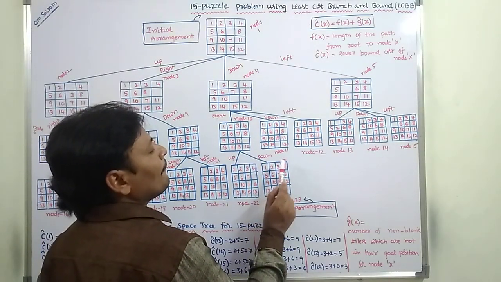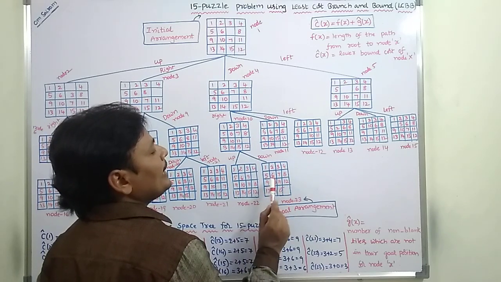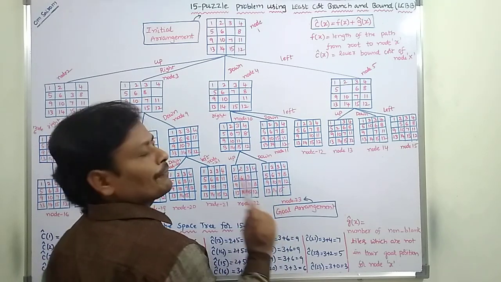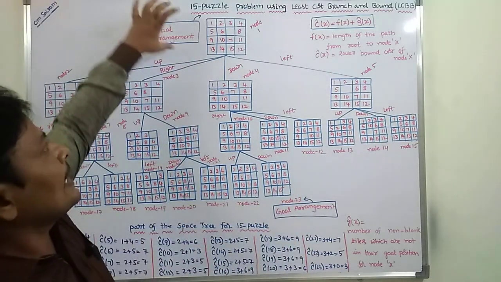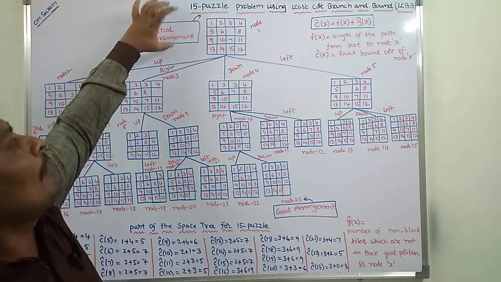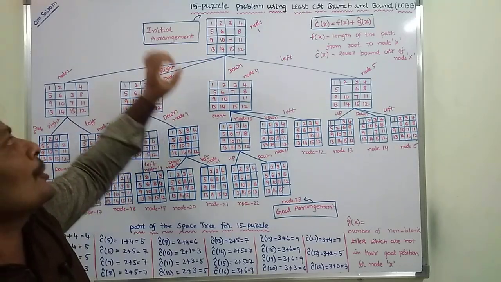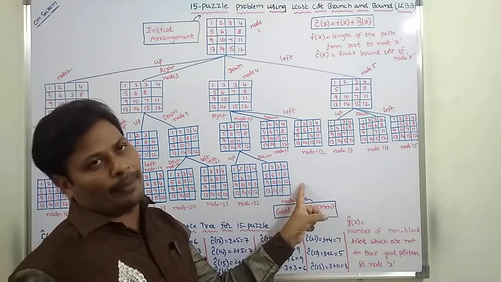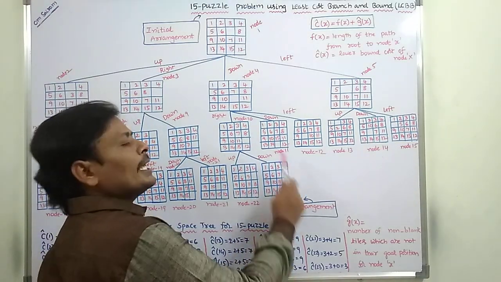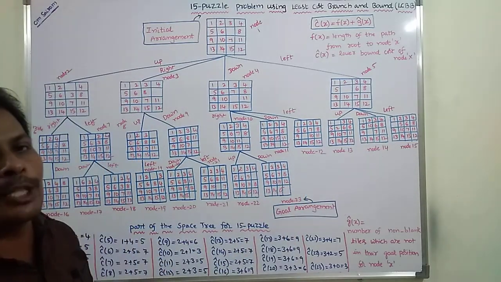So 1, 2, 3, 4, 5, 6, 7, 8, 9, 10, 11, 12, 13, 14, 15. So this is our goal arrangement. This is the initial arrangement. Our main objective is to transform the initial arrangement to the goal arrangement. At node 23, we are getting the goal arrangement.